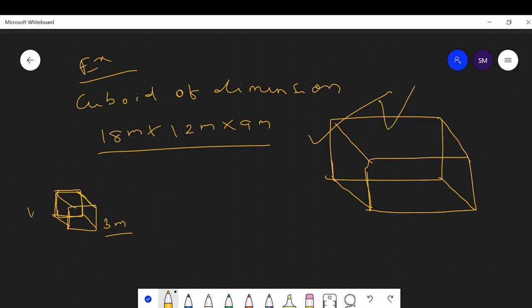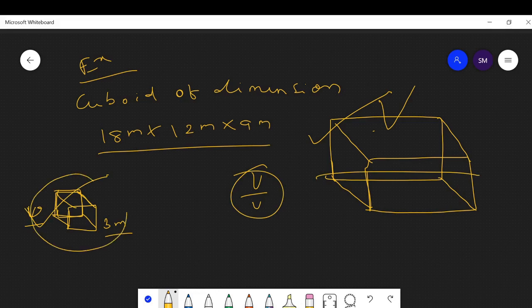Then find the volume of the cube. Then by dividing capital V by small v, we get the number of cubes cut from the cuboid.